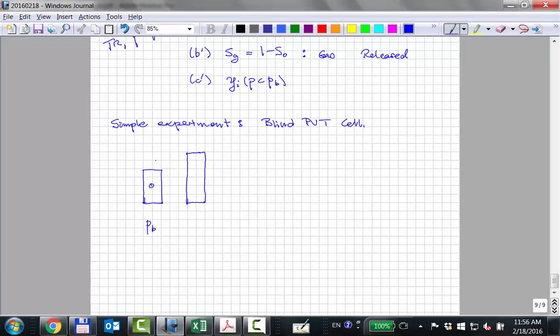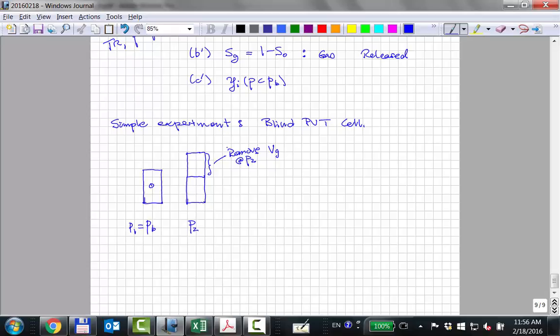While it's in the cell, we don't know what's gas and oil, right? But what we do is that we remove this at pressure. This would be pressure 1. This would be pressure 2. At this pressure 2, we remove that so we know the volume of gas because we removed it, okay?